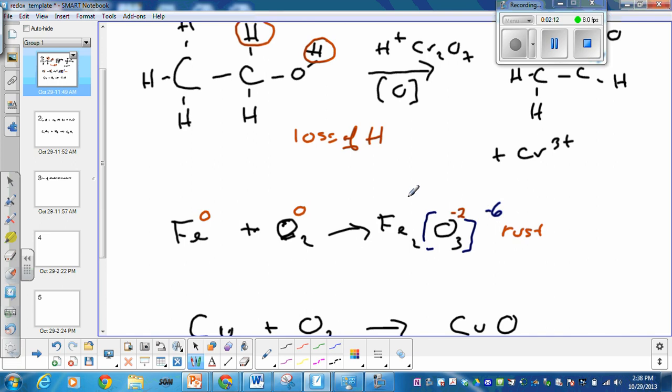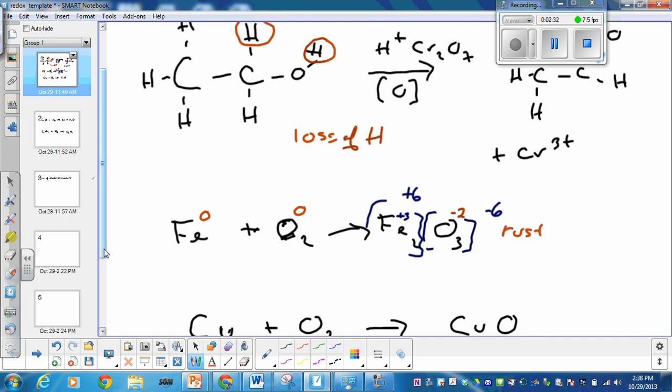Now we've learned that compounds have to be neutral. That means that the combined charge of the ions together has to have a +6 charge. That means the iron, individually, there were 2 of them, must have a +3 charge.